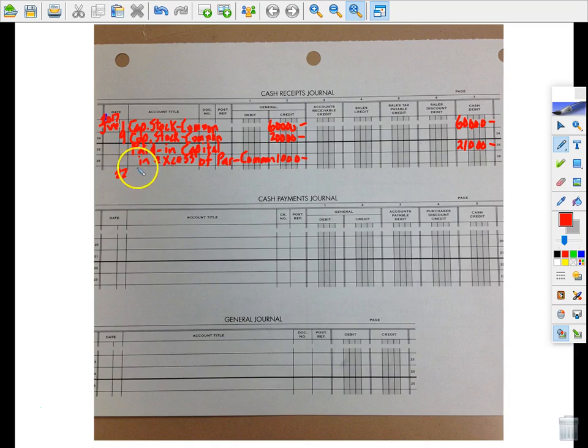So this time we're going to do capital stock dash preferred. And of course, you got the document number there. I haven't been writing the document number in, but you should be doing that. And that's $30,000. And you debit cash also for $30,000.